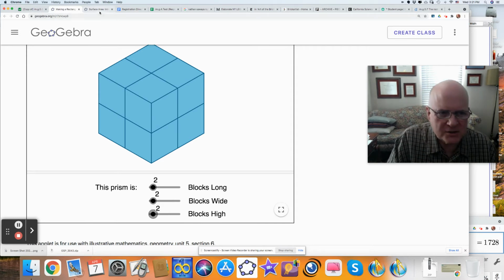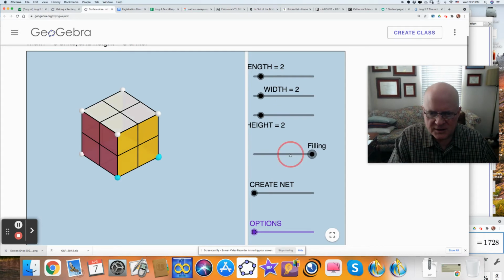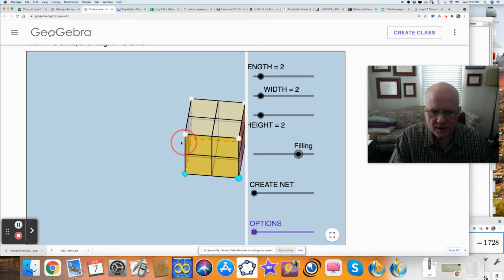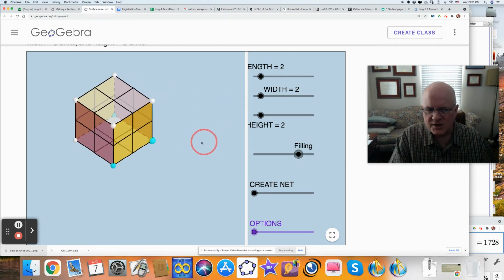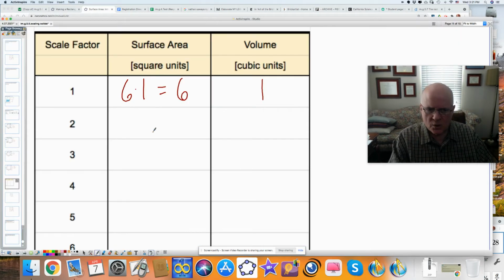And if I have another GeoGebra app, maybe it's easier to see it in here. If I can make this thing a filling, you can see this. If I turn this around, you can see it's going to be 8 cubes. So my volume is 2 times 2 times 2, which would be 8.